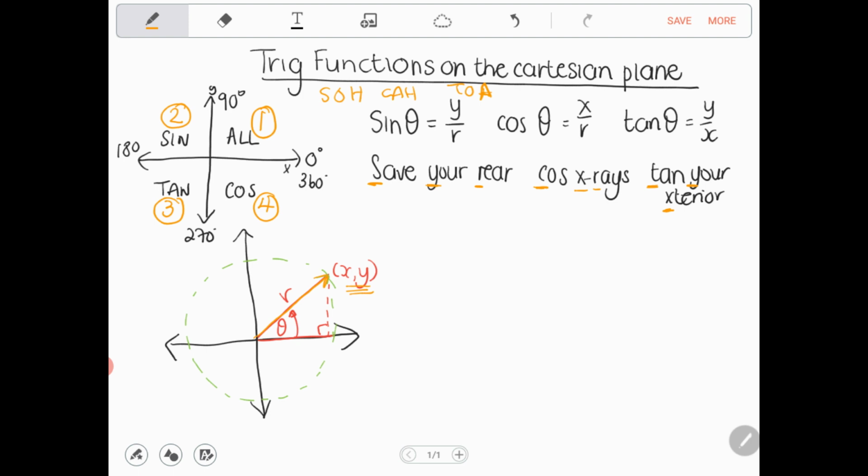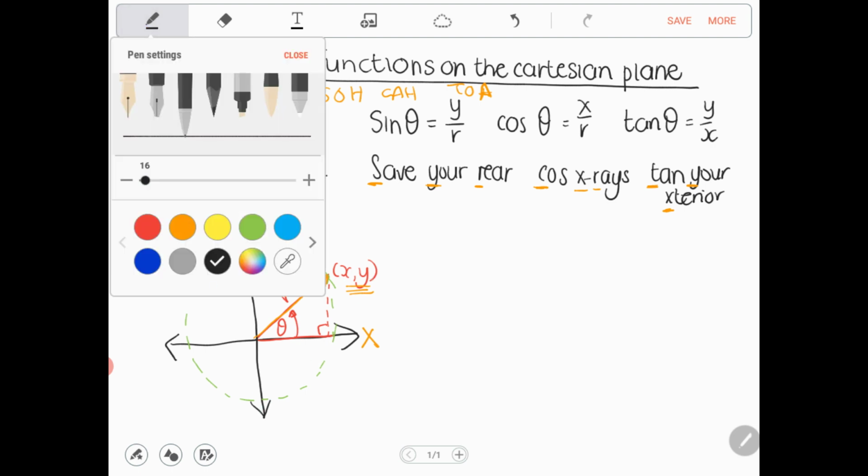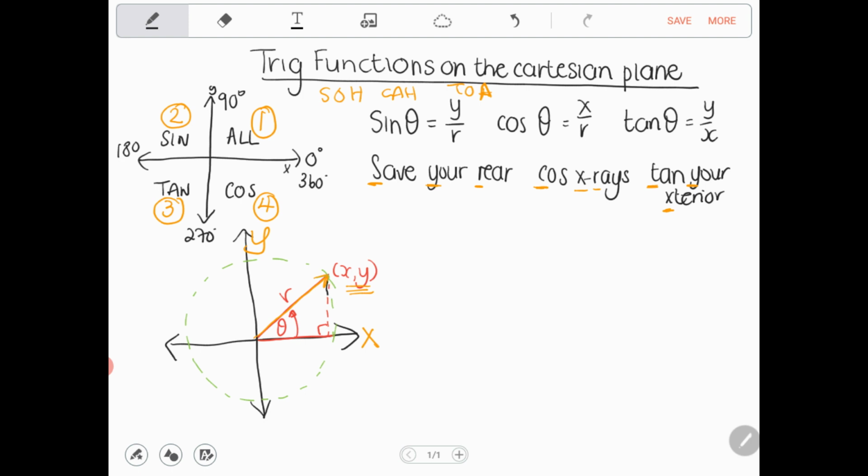All right, so when you look at the lower Cartesian plane here, remember this is x and this is y. If you wanted to find a relationship between my x, my y, and my r, remember this distance here would be where we read off the y coordinate, and this distance here would be where we read off the x coordinate.